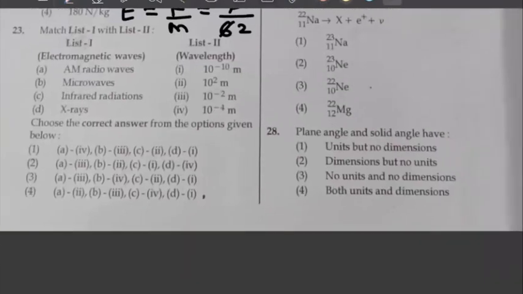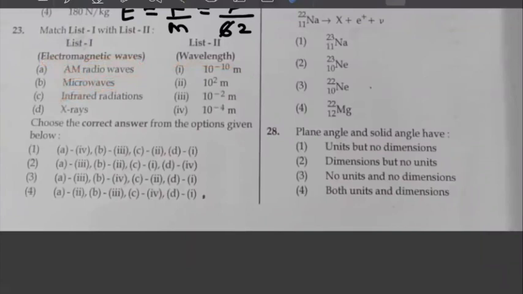Okay. Then the next one is match list 1 with list 2. List 1 has electromagnetic waves and this is the wavelength. So we'll have to guess some of this. AM radio waves, microwaves. Microwaves, this is very clear, micro, right? So it should be in micron.